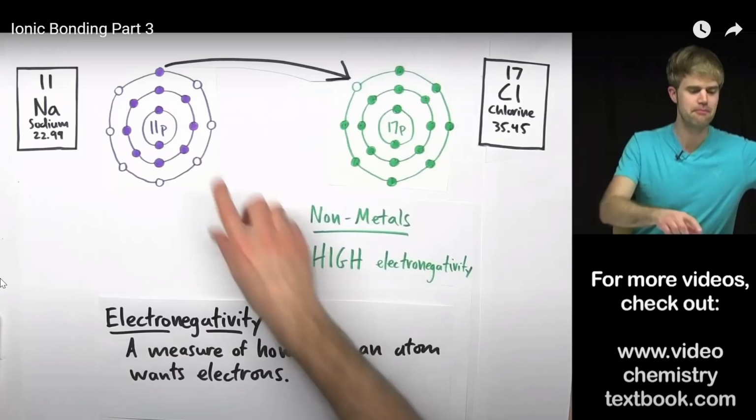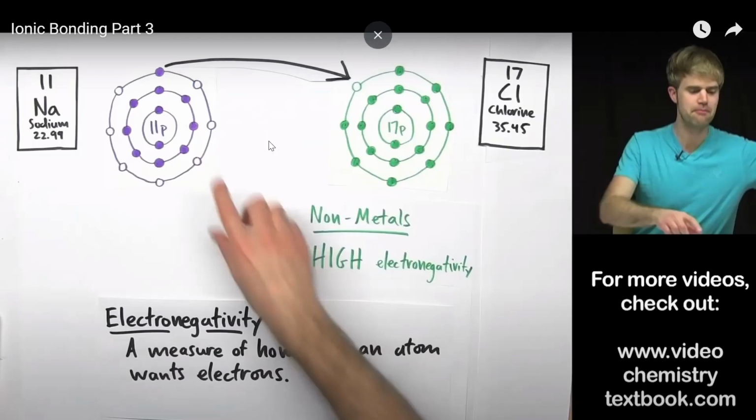So there's 1 positive thing pulling there and 7 positive things pulling here. And so chlorine is so much better at pulling electrons towards itself because it has an overall larger positive charge in its core. If that made no sense to you, just pretend I said nothing. If it made sense to you, that's great. Like I said, you're not responsible for knowing that, though. Even in the enriched, you're not responsible for knowing the explanation.